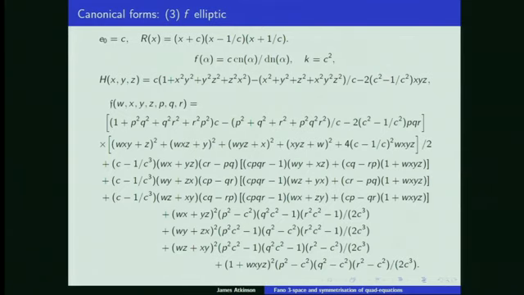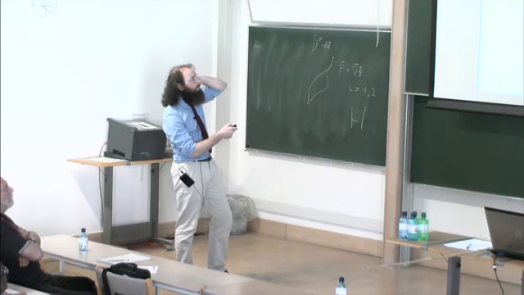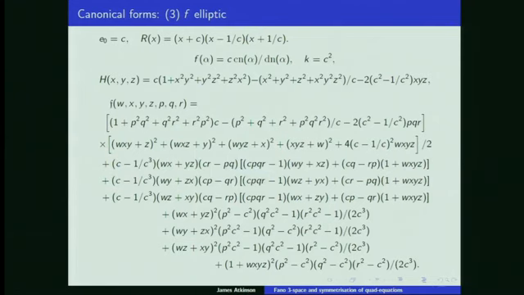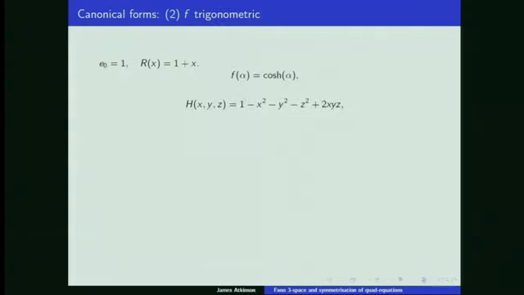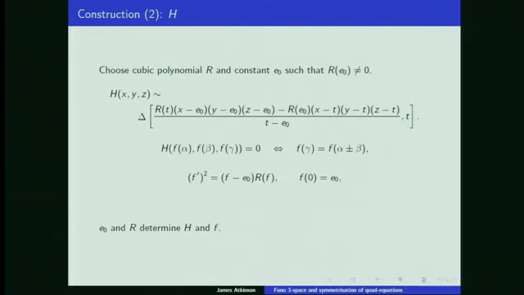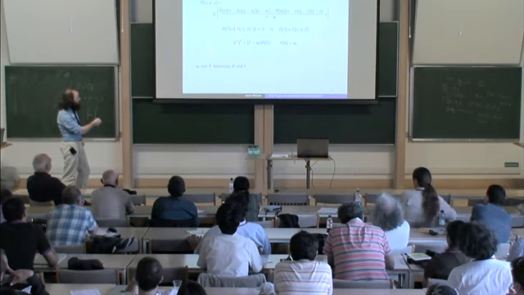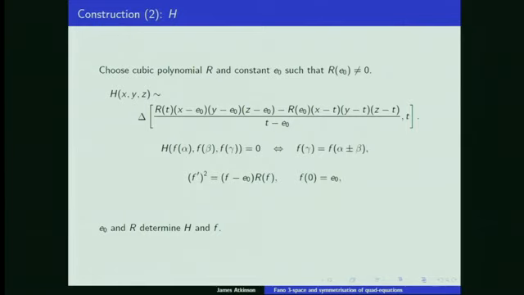Sorry, James, can you remind me what h was again? What's the role of h? This h? Yeah. So h has an explicit formula in terms of r and e naught, so you can just compute. But the characterization of h is as the addition formula for this function f, defined by this ODE. So f of 0 is equal to e naught, so this is the value at the origin.